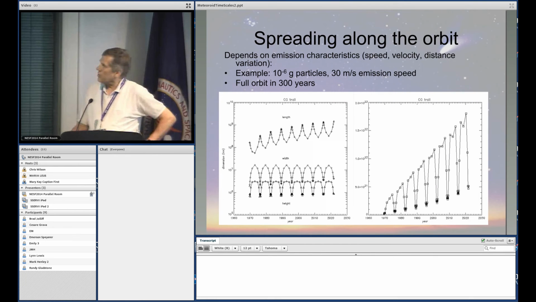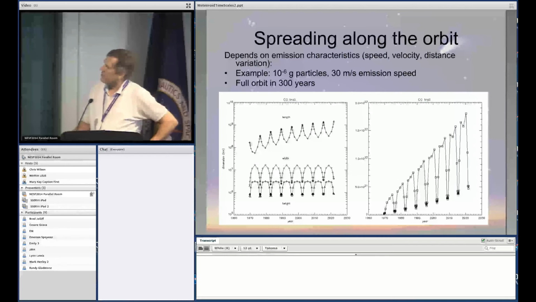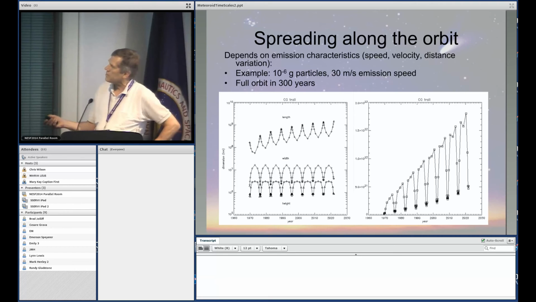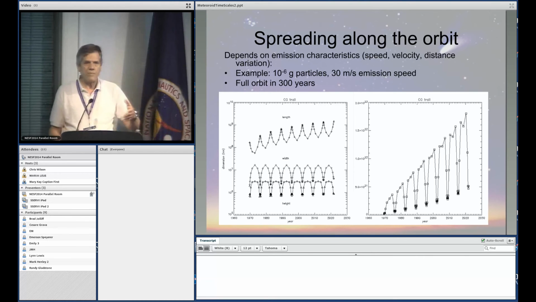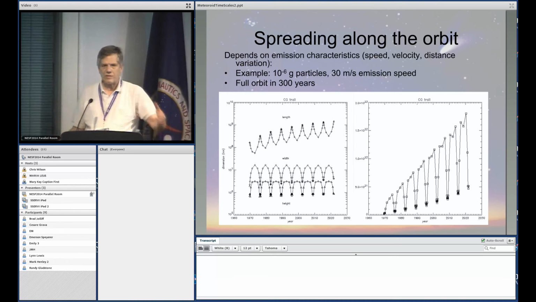Now the spreading along the orbit: here I show an example from particles released from Churyumov-Gerasimenko, the smallest particles we looked at, 10 to the minus 6 gram particles, with a typical emission speed of 30 meters a second, which comes in addition to the comet speed in the inner solar system of 35 kilometers per second.